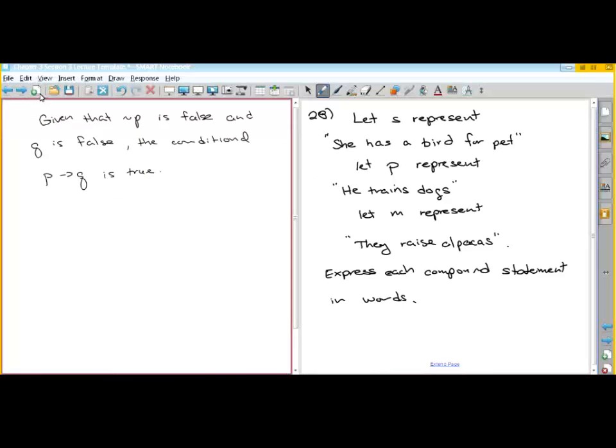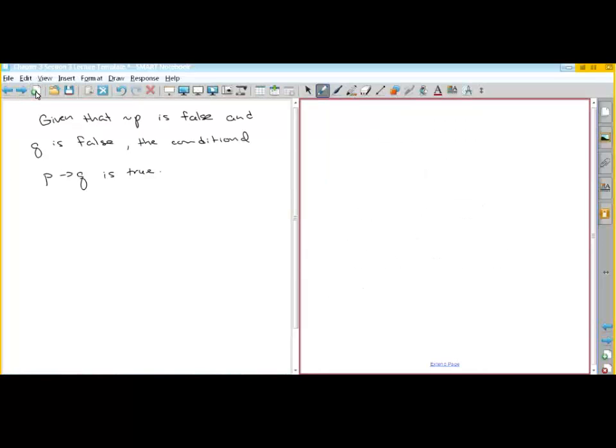Rather than going to the next one, which is basically just rewriting stuff, we've done that before, so I'm just going to do a truth table. This would be slightly more complicated than we normally do.